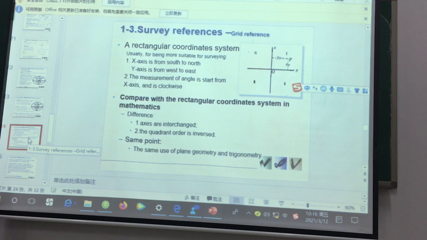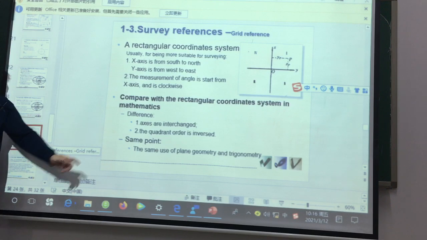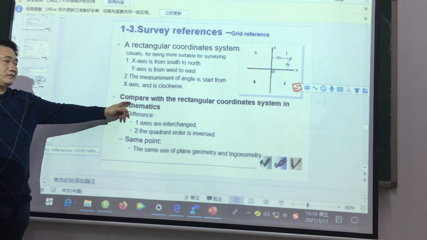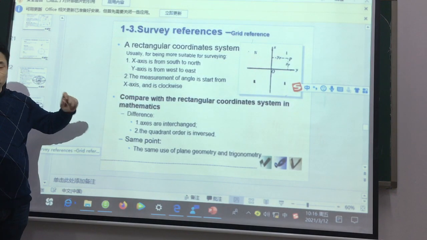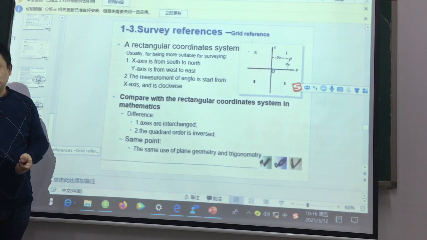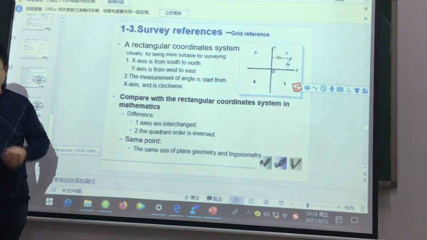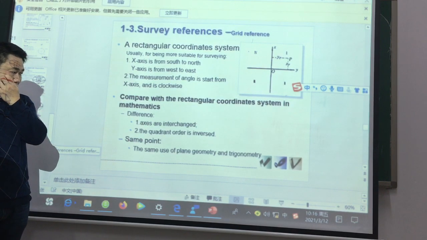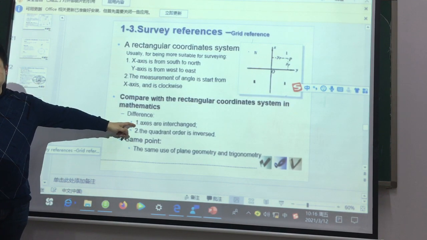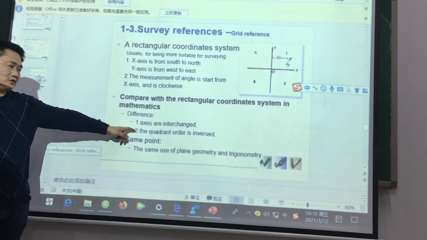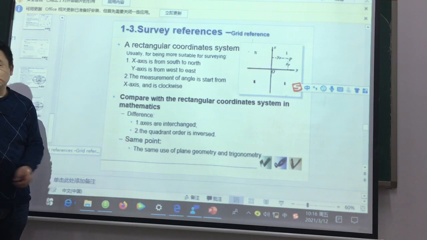We also can call it the grid reference. Compared with the mathematical rectangular coordinate system, we have two different points and one same point. Here, the axes are interchanged and the quadrant order is inverse.